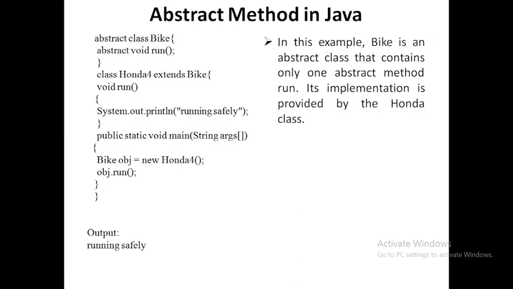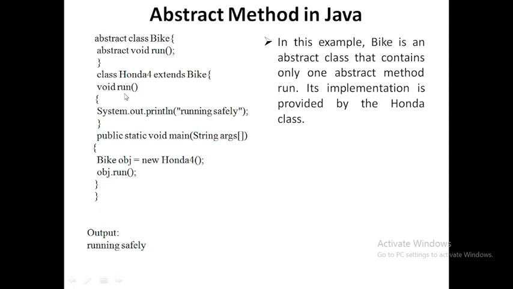Whatever properties and methods are in class Bike, the parent class, are acquired by the child class, that is Honda4 in this example.